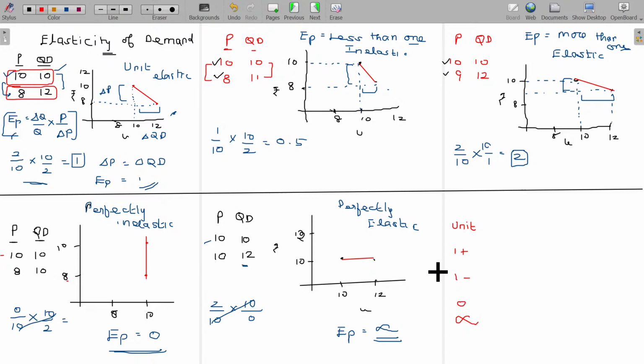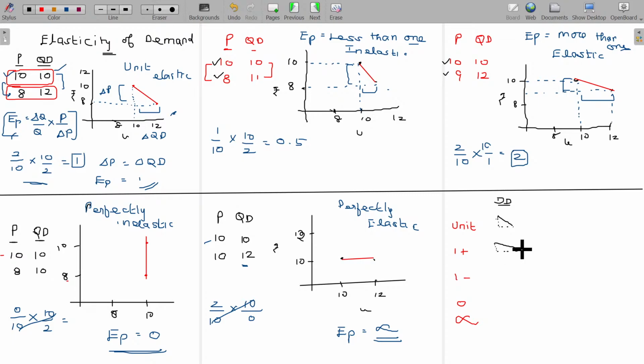These are the elasticities. Now, how about the DD curve? In the case of unit elasticity, this will show the exact x-axis and y-axis change. For more than one, the price change will be lesser and the quantity change will be higher.